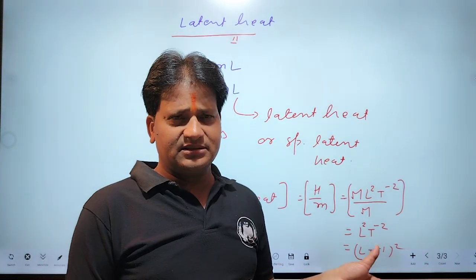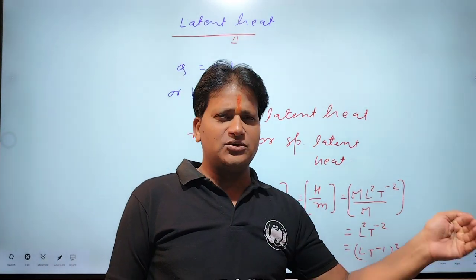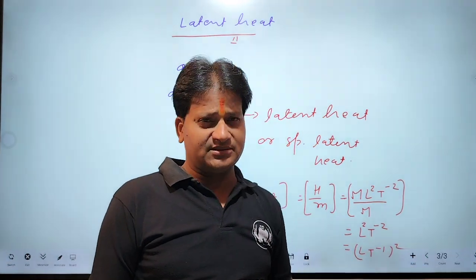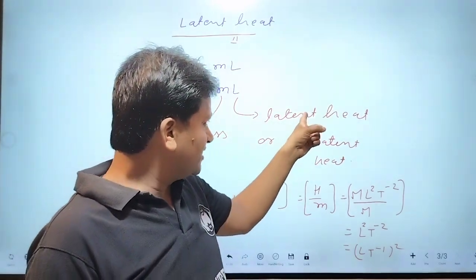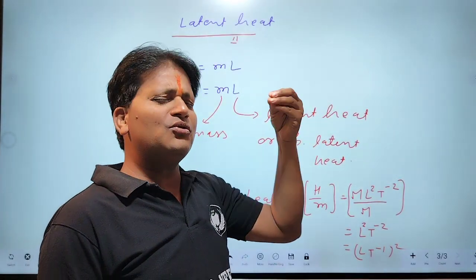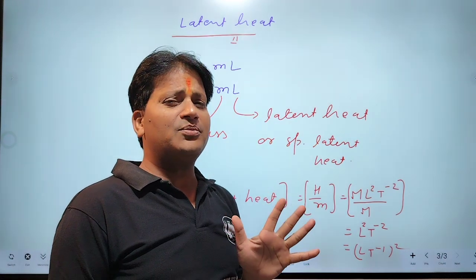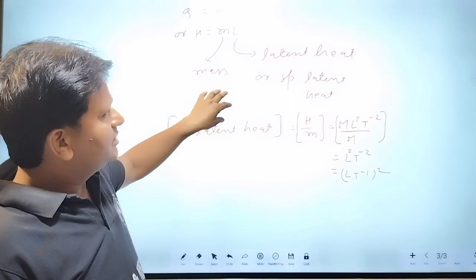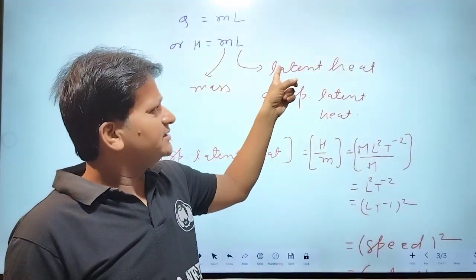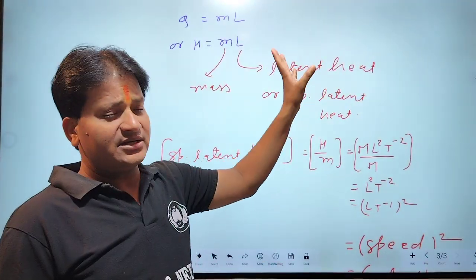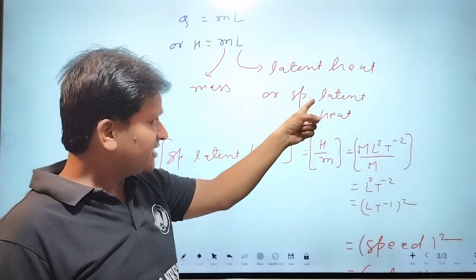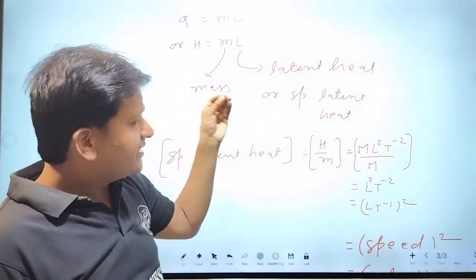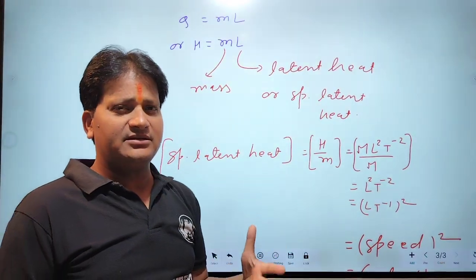It is defined as the amount of heat energy absorbed or released to change the state of unit mass of a substance. But in this, there is no mention about the amount of mass. You cannot calculate mathematically latent heat, but you can calculate a specific latent heat mathematically. Therefore, latent heat means a specific latent heat.